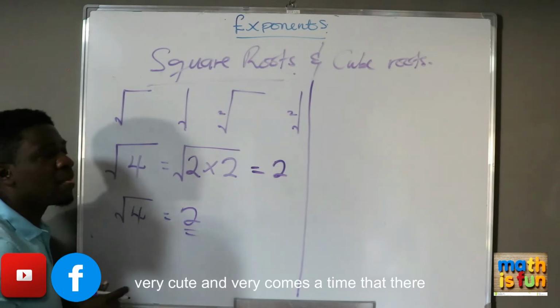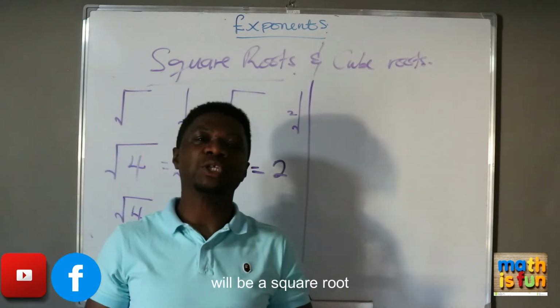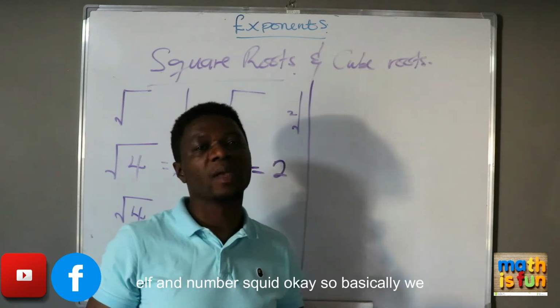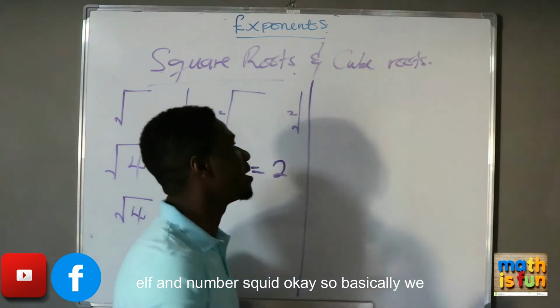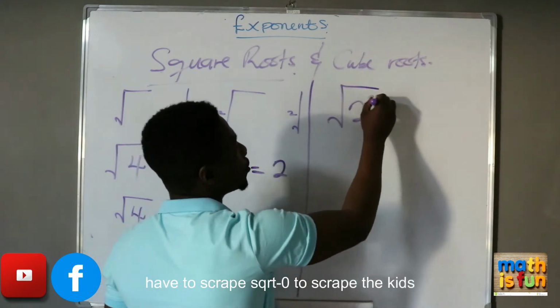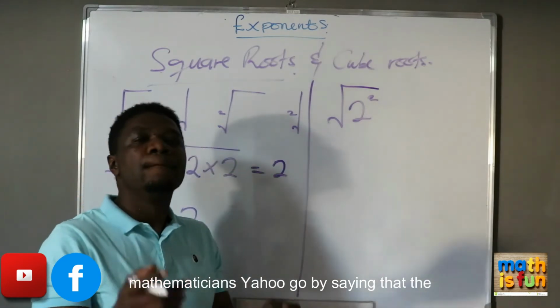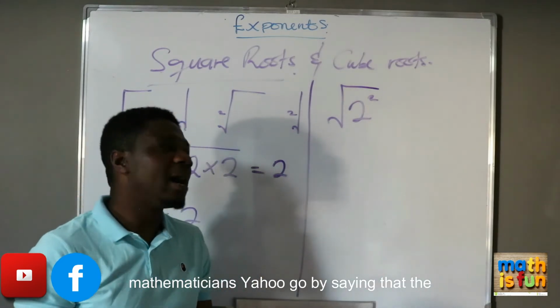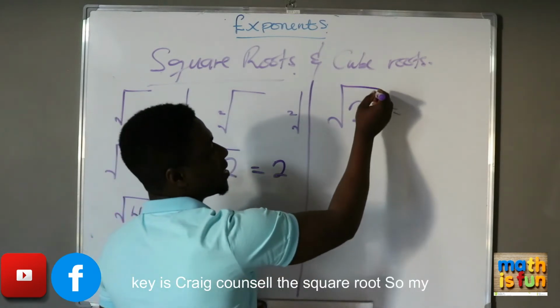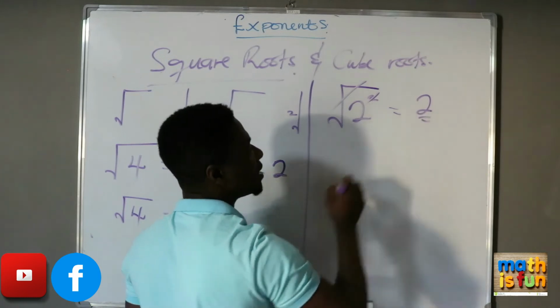Very good. And there comes a time that there will be a square root of a number squared. Okay, so basically we have the square root of 2 squared. Mathematicians will go by saying that, okay, the square cancels the square root, so my answer is 2.